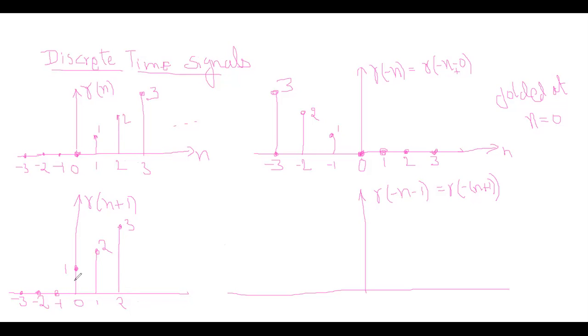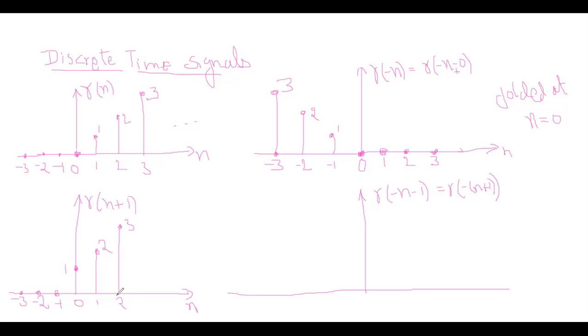Shifting of one sample: the value at n equal to 1 will now appear at n equal to 0. The value of r of n at n equal to 2 will appear at n equal to 1. The value at n equal to 3 will now appear at 2.